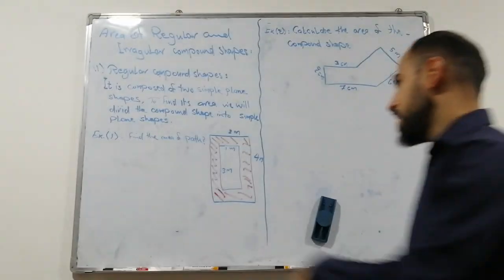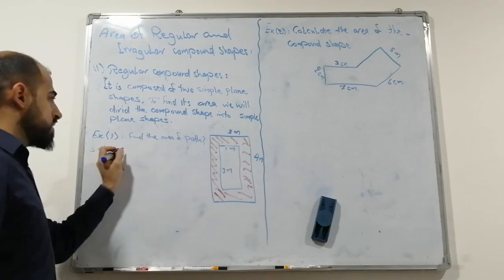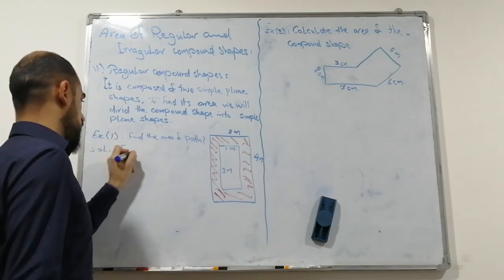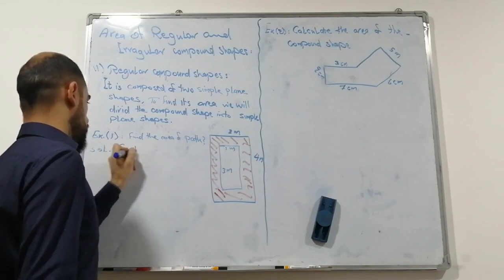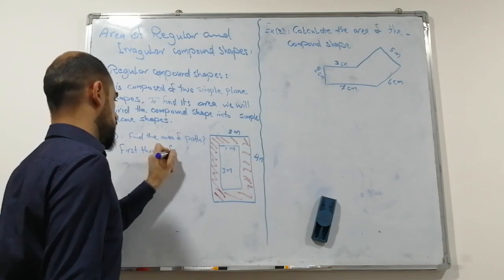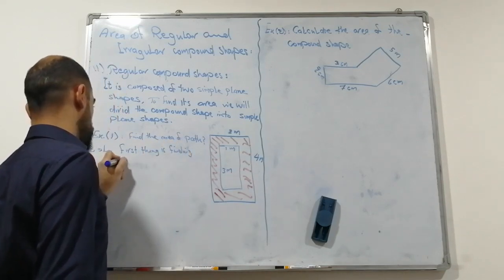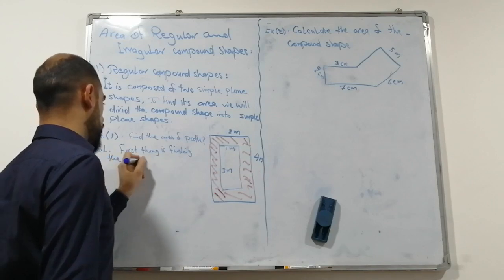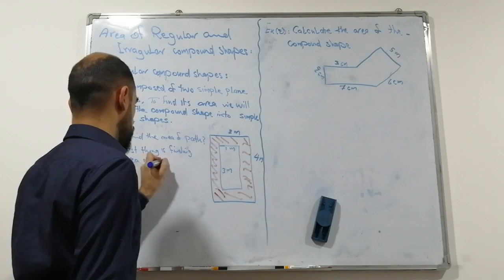Understood, students? So the solution will be like this. First thing, find the area of the pool.